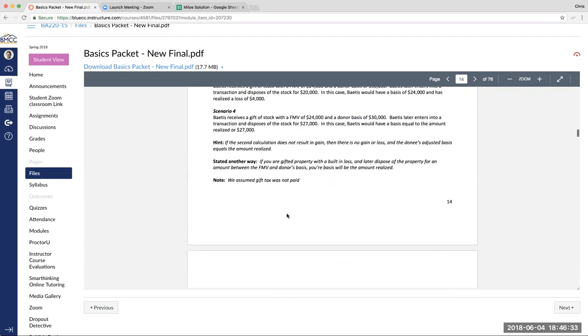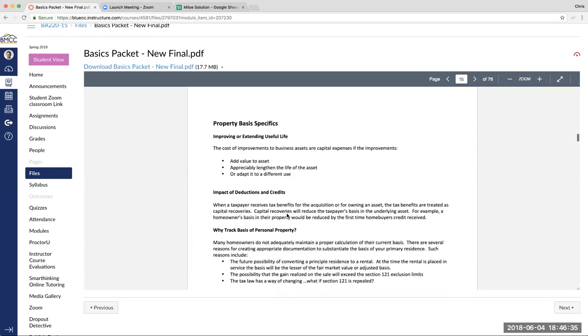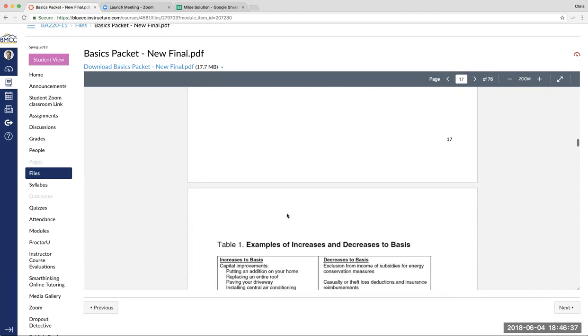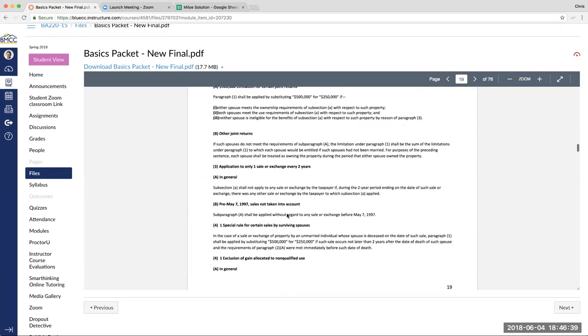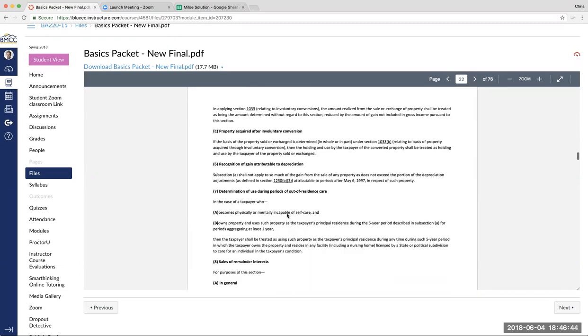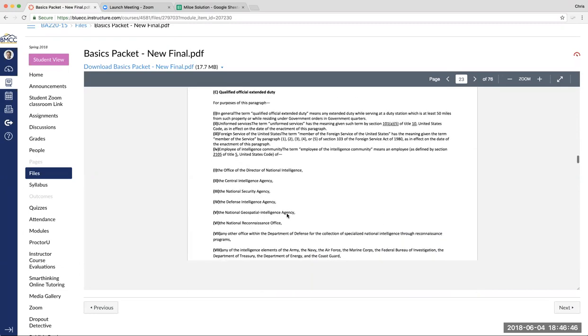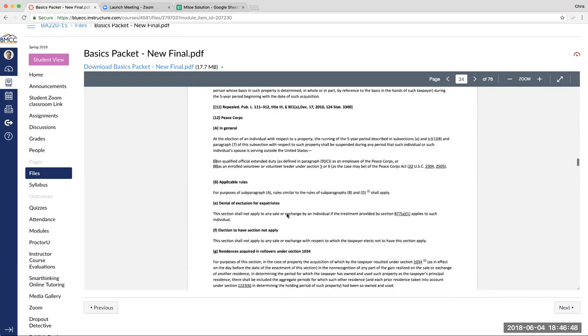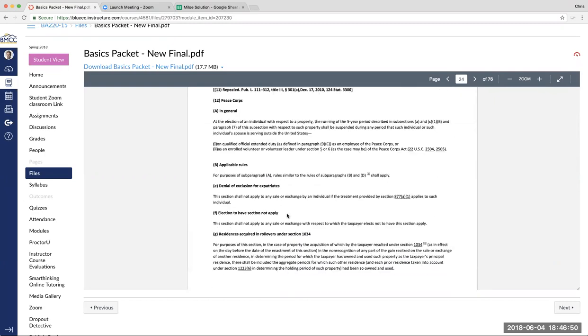You can create these problems in all kinds of shapes and scenarios and different ways of thinking about them. Let me scroll through here and see if there's something related to 1231 assets. I don't think there is, so I'm going to draw your attention to the text.